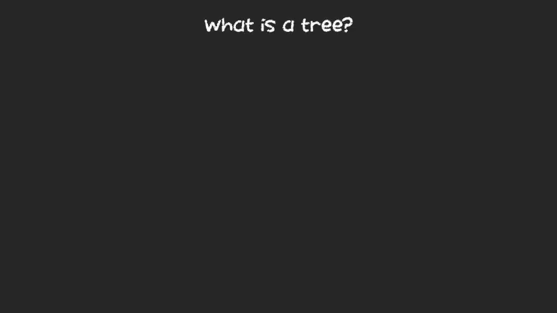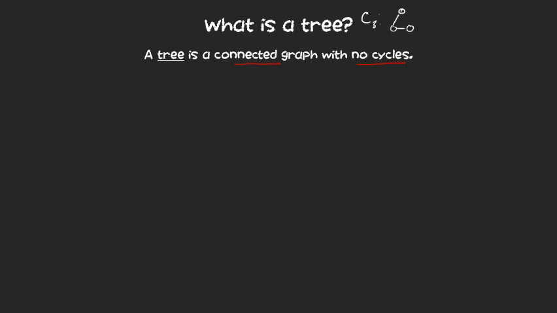So first off, what is a tree? What's the definition of a tree? Well, a tree is a connected graph with no cycles. So any graph that satisfies these two properties, that it's connected and it has no cycles. Remember cycles: for example, a cycle on 3 vertices looks like this. A cycle on 4 vertices looks like this, right?